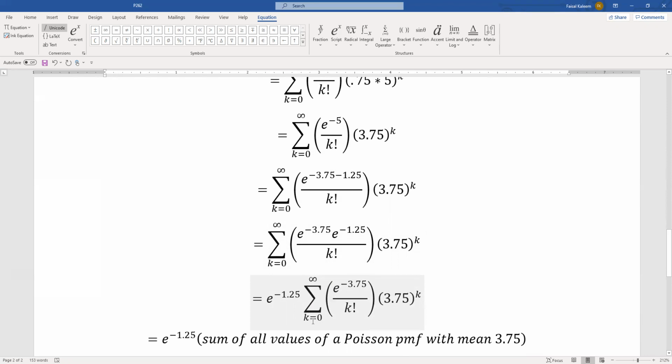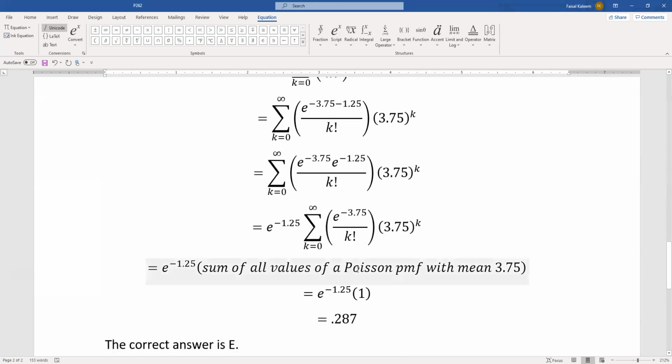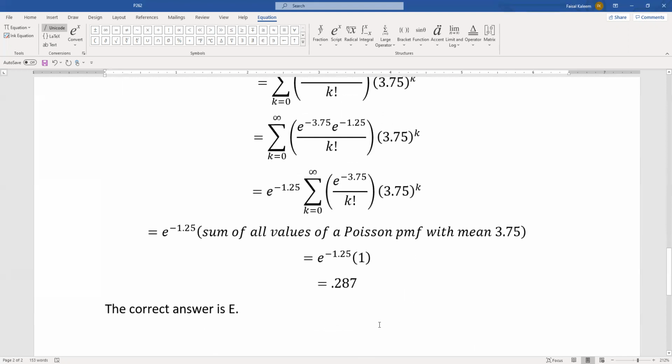And we are summing all the values of it. Remember, Poisson values go from 0, 1, 2, up to infinity. And we know that the sum of all the values of any PMF, let alone Poisson PMF, is 1. So we already had this e to the negative 1.25 outside. And this comes out to be 0.287. That is choice E.